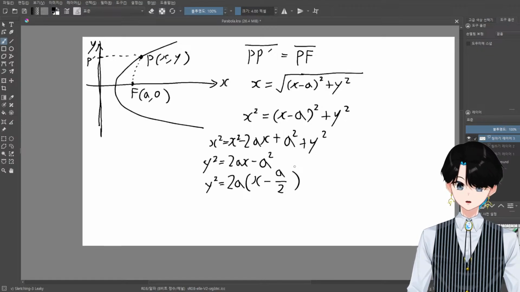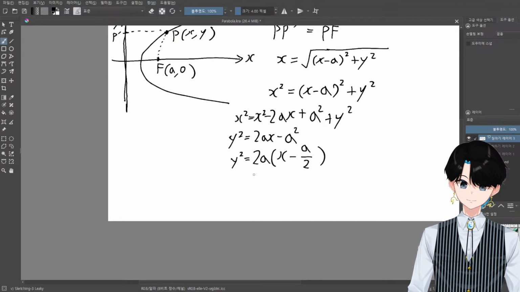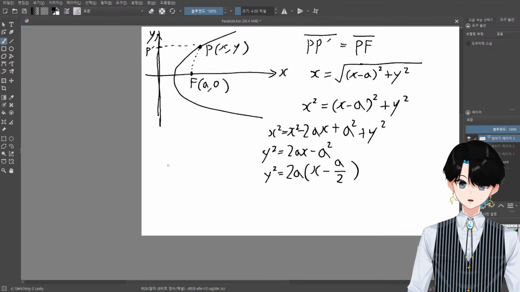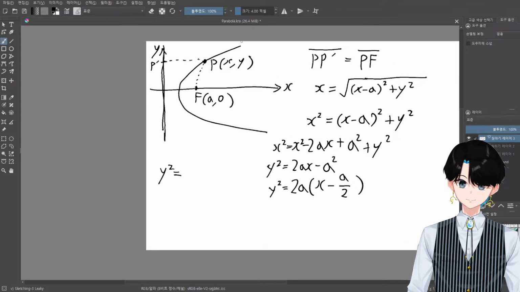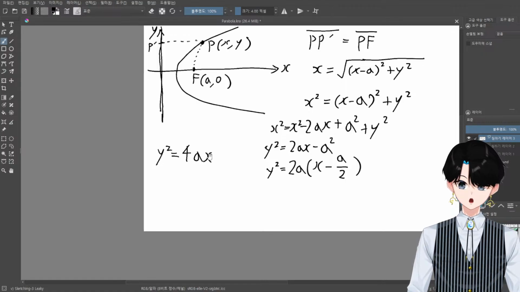I know that the basic form of the parabola in this direction is y squared equals 4ax.